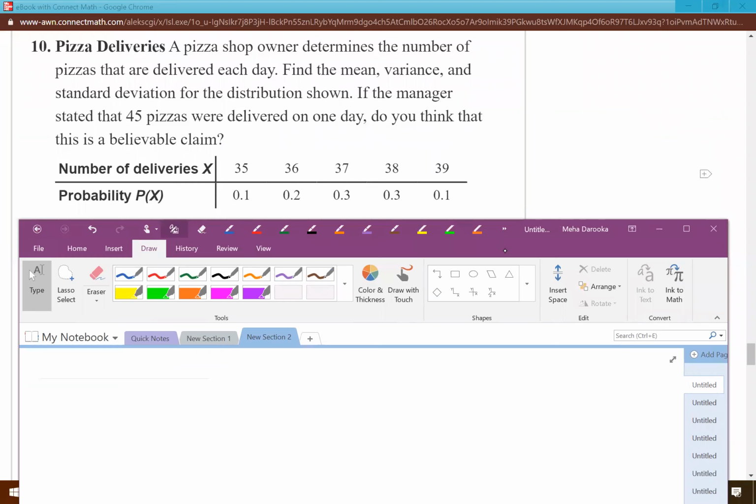Remember, that's the summation of the outcome multiplied by the probability.